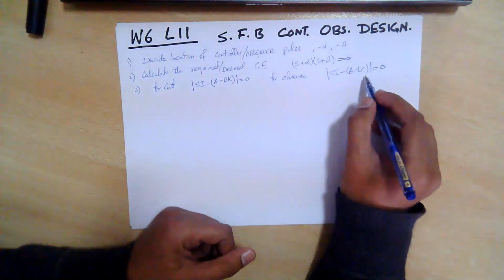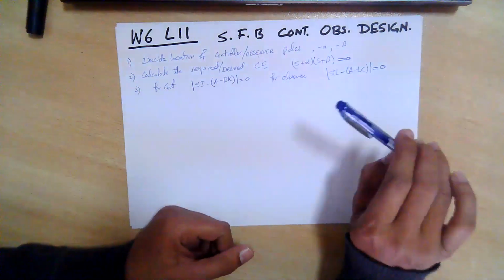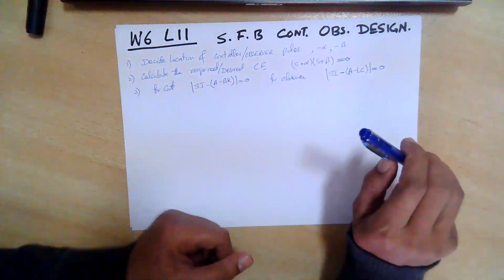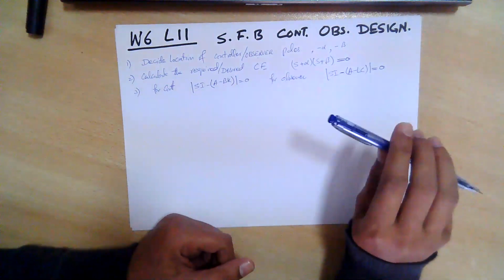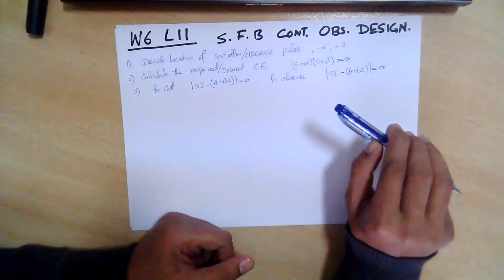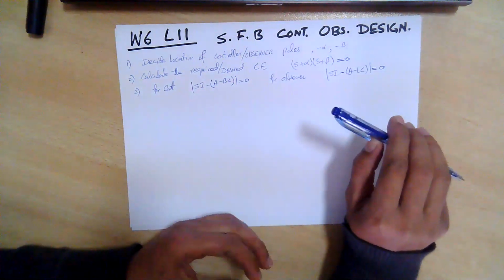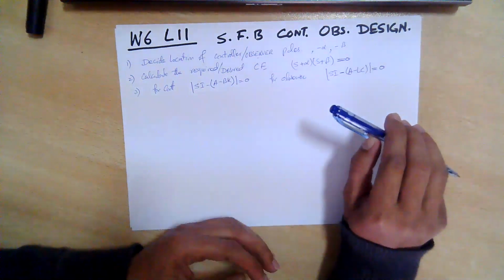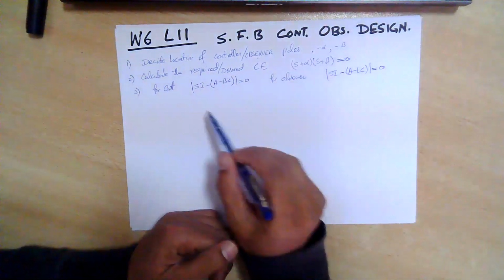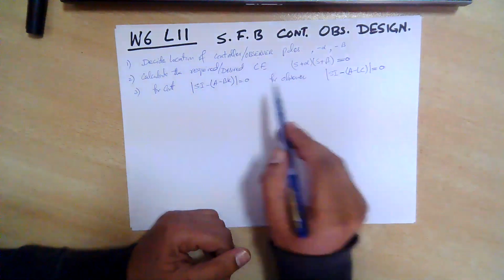And remember that if you are not given the desired location of the poles of the observer, you have the freedom to choose the desired characteristic equation of the observer depending upon the required location of system poles. System poles are at A minus BK, and observer should be 10 times faster.